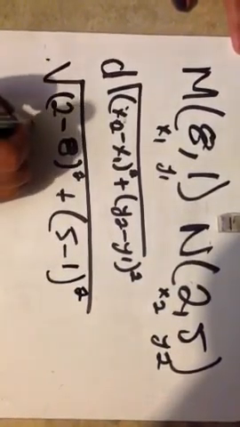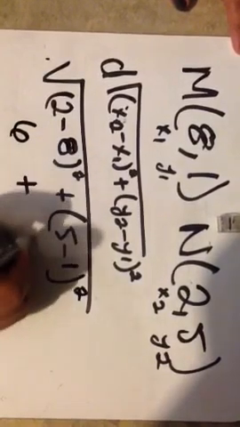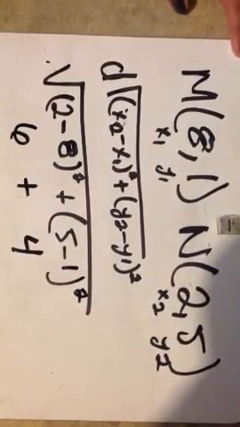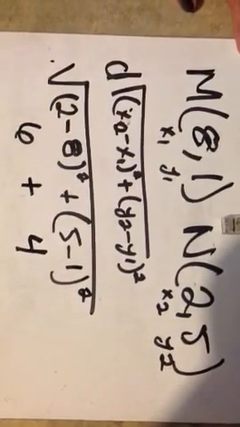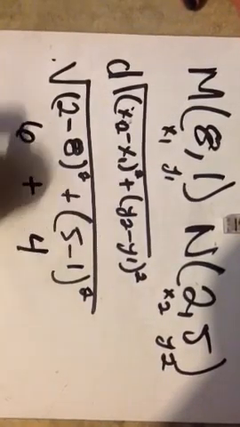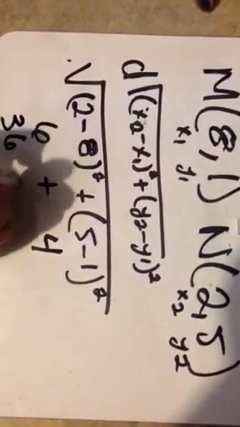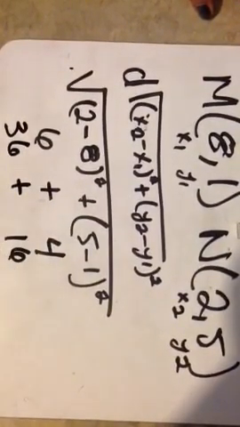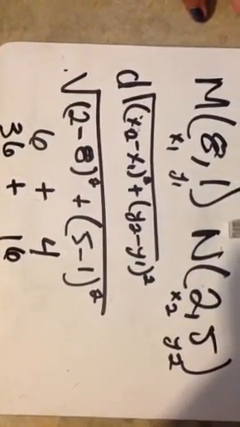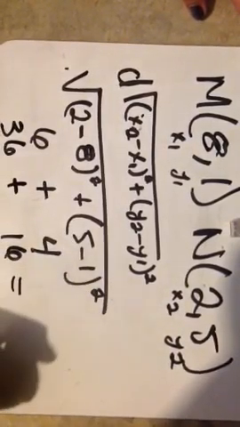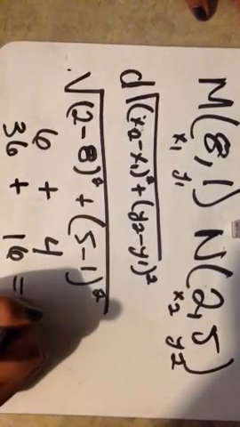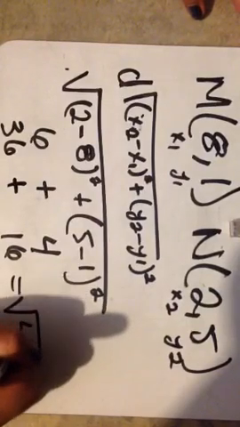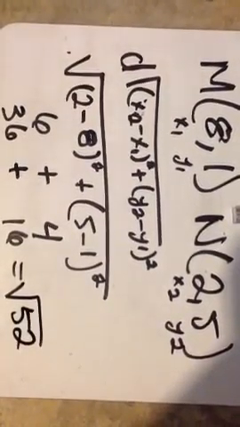This would be negative 6 and 4. So now we square them, which would be 36 plus 16, and that would equal 52.